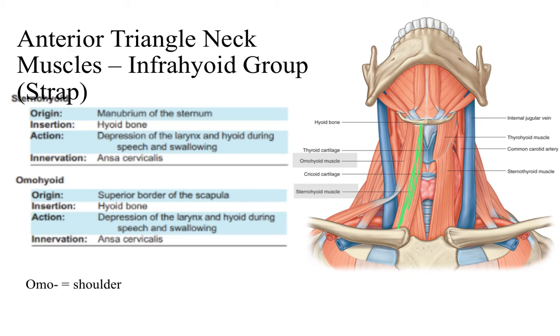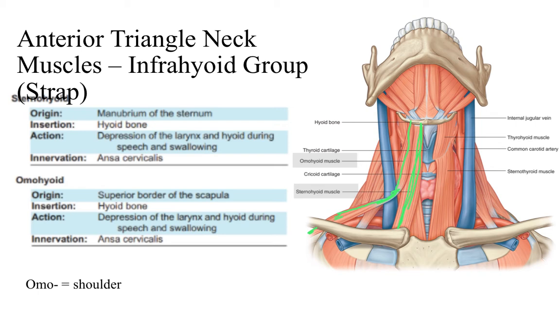And we have the omohyoid, which looks like a strap running here up to the hyoid bone. Here is a tendon between the two, and then the other belly of the omohyoid muscle going down here to the superior border of the scapula.